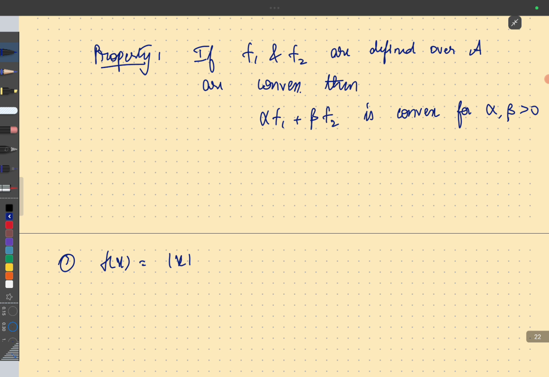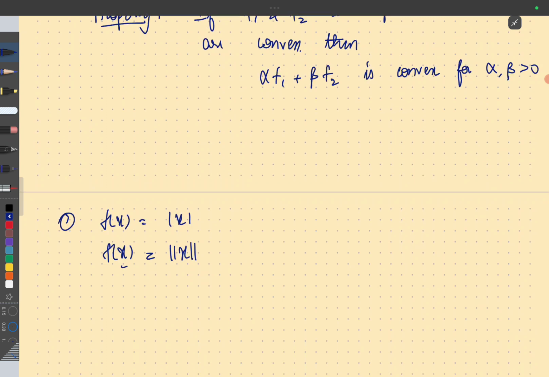So that's another approach. In fact, you can prove it for f of x equal to norm x more generally, in fact any norm. It doesn't necessarily have to be the L2 norm. This is convex, and this follows just from the triangle inequality.